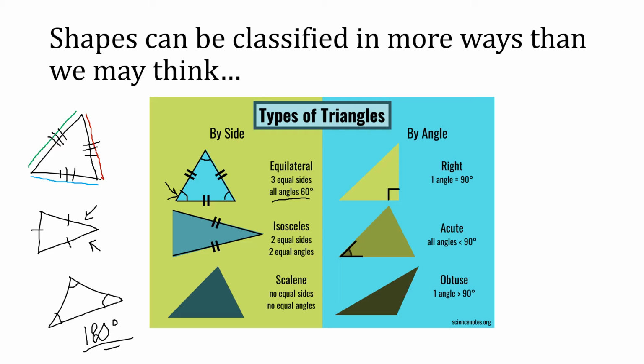Or I could put a different number of tick marks through the last one to show that it's a different length from these two, and no, I didn't just forget to put a tick mark through that side. Or if I prefer, I could put one tick mark through the side that's different and two tick marks through the rest of them, or whatever. All that matters is that only this side and this side have the same number of tick marks as each other.